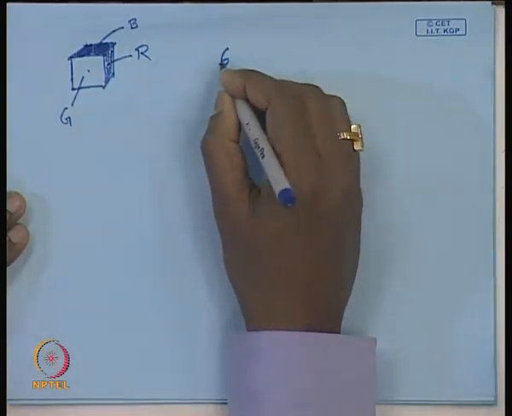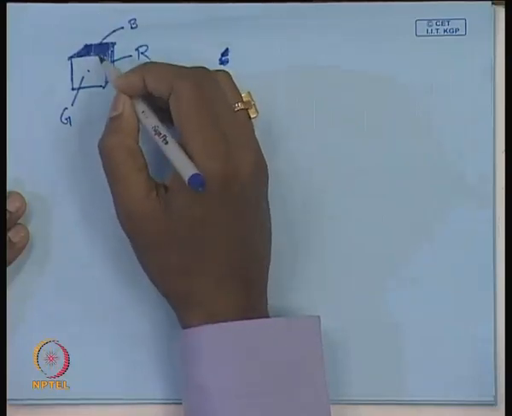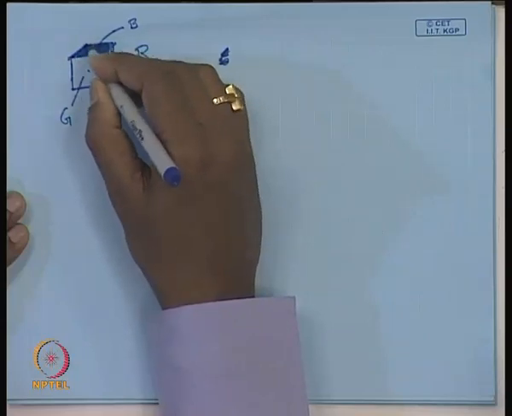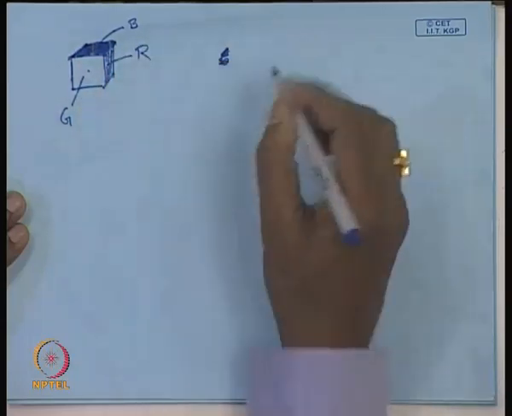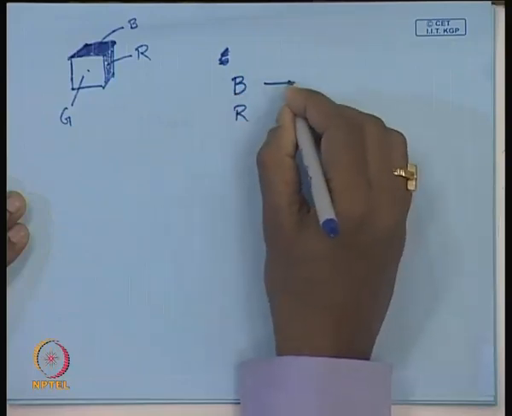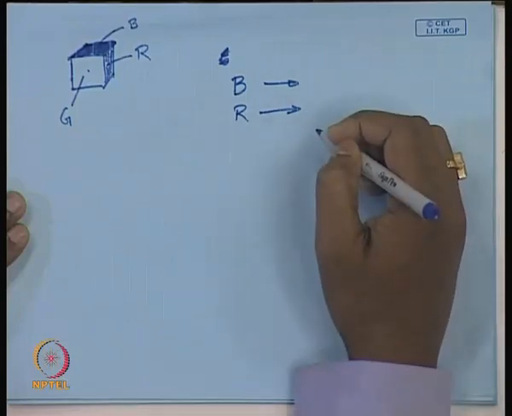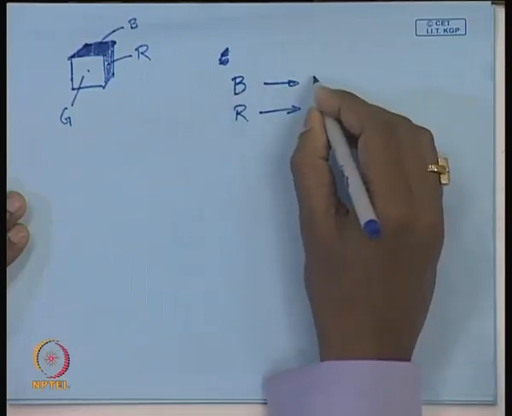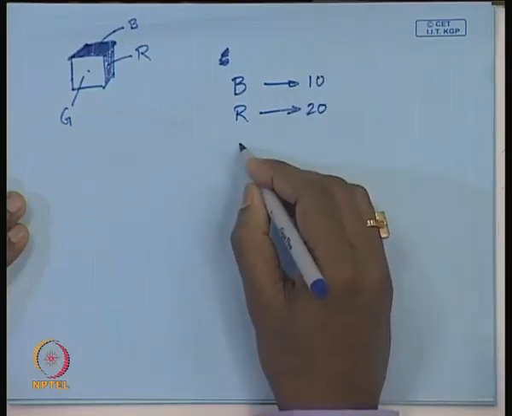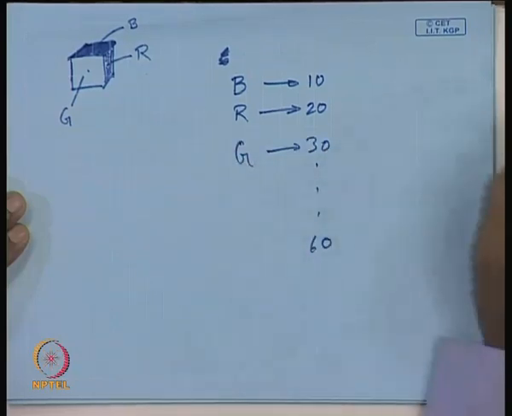If I want to say that the outcome of this experiment is the color of the top surface, then I can take different color codes and assign some number, not necessarily 1 to 6, it can be any number. Say B I give the number 10, R I give the number 20, green I give the number 30, and in this way say up to 60 this number is given.